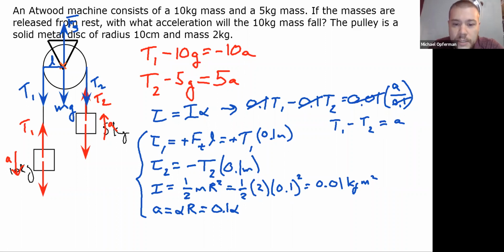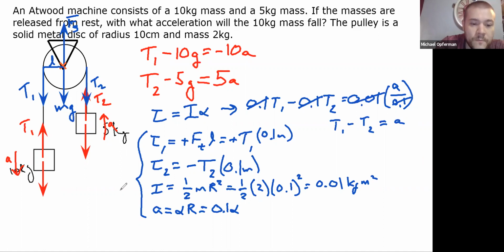One thing I want to draw attention to is that you'll notice T1 does not equal T2 in this case. In the old days with a massless pulley, we would assume T1 equals T2. But here you can see clearly T1 does not equal T2 because T1 minus T2 is not equal to 0. So giving the pulley mass means that we also have tension forces which are not equal to each other.